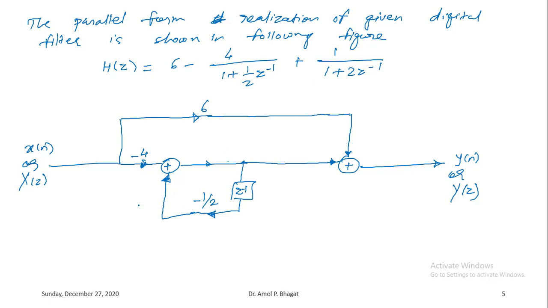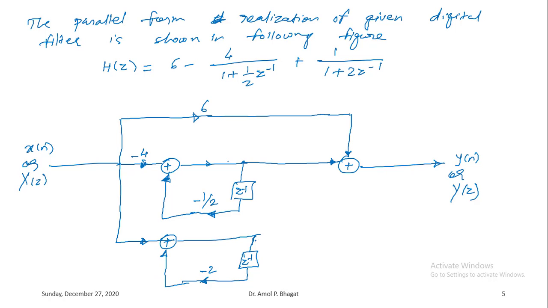Similarly, this remaining term you can draw, right? Here again the constant is 1, so simply a constant multiplier will be there, then you will require one adder, then there will be a delay element, right? And there will be feedback, the coefficient is plus 2 here, so I will take here minus 2.